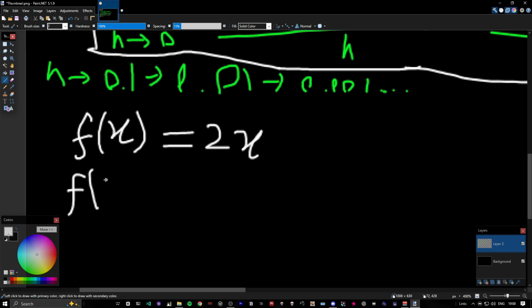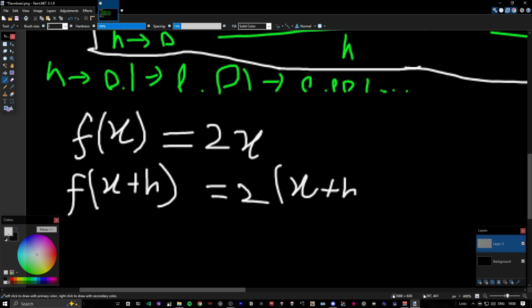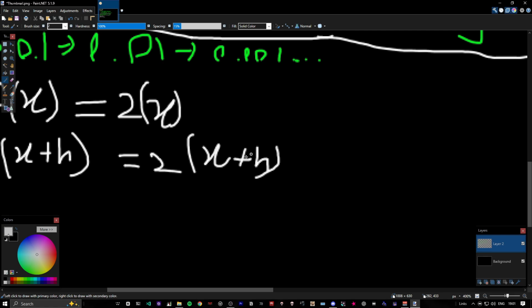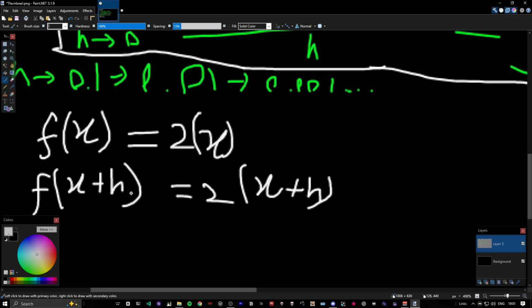F of x plus h would be 2 times x plus h, because this 2x is basically 2 times x, so 2 times whatever we put in. If we're putting in x plus h, it would be 2 times x plus h.